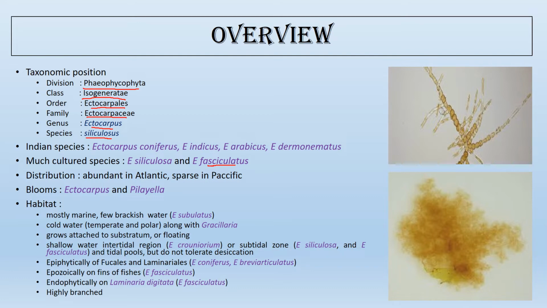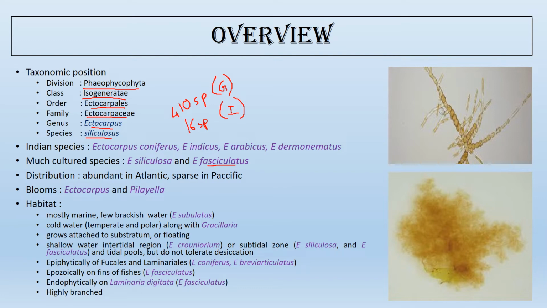And a total of 410 species of Ectocarpus are found in the world, that is, the species are found globally, and in India we have only 16 species. This is mainly because Ectocarpus prefers growing in cold areas in the temperate region.